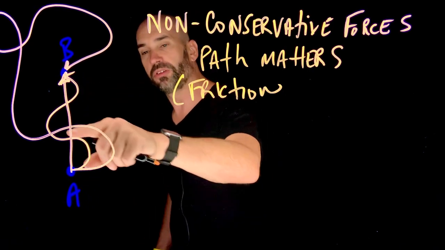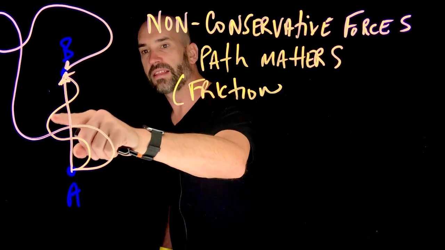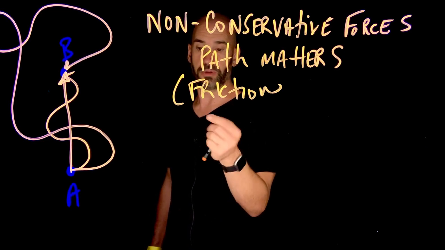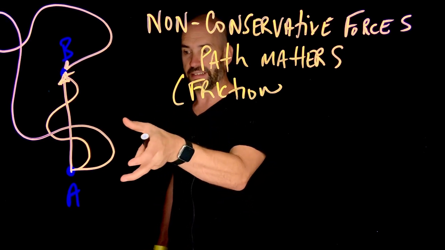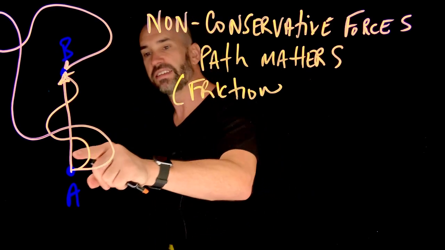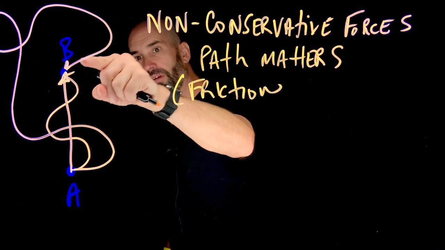Even though your displacement's the same, you're ultimately ending at the same spot, this longer path is going to have more work, right? It's going to take more work to do it because you're working against the frictional force over a longer distance.